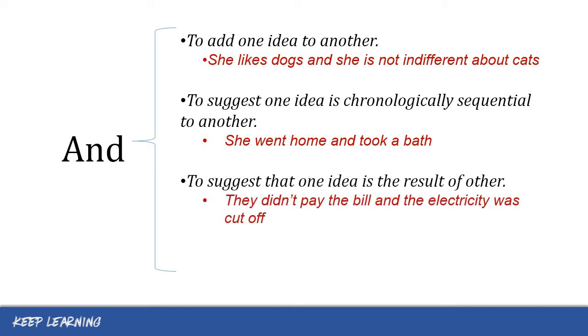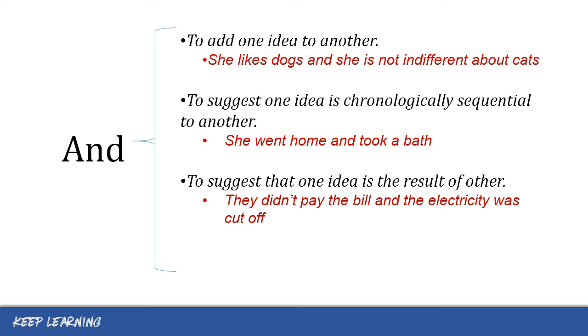Number three, you can also use it as a consequence connector, when you suggest that one idea is the result of another idea. Look here. They didn't pay the bill and the electricity was cut off, which means that as a consequence of not paying the bill, that resulted in the electricity being cut off.